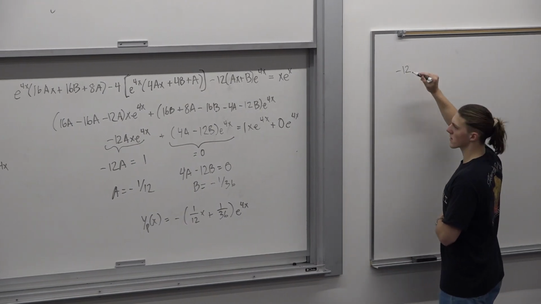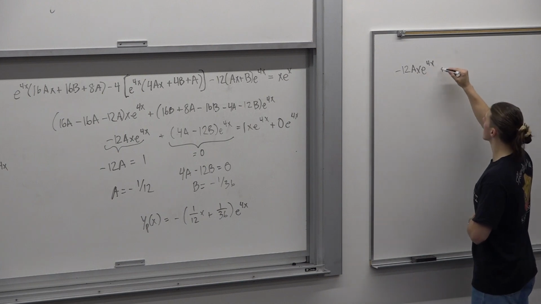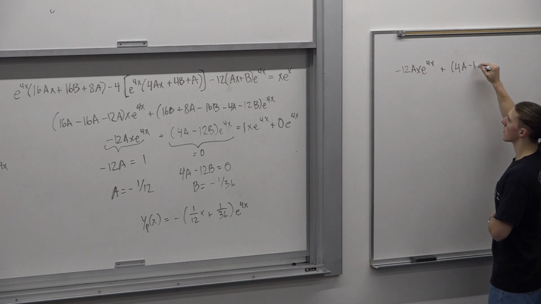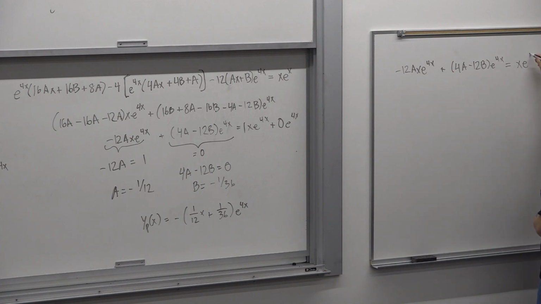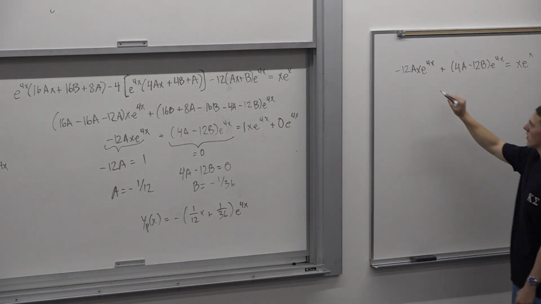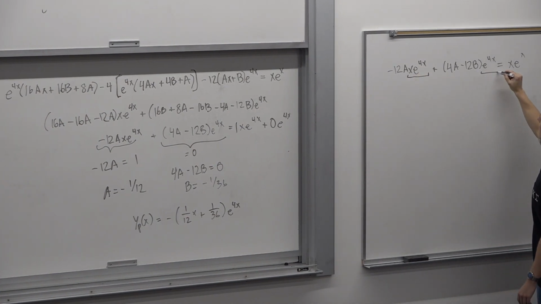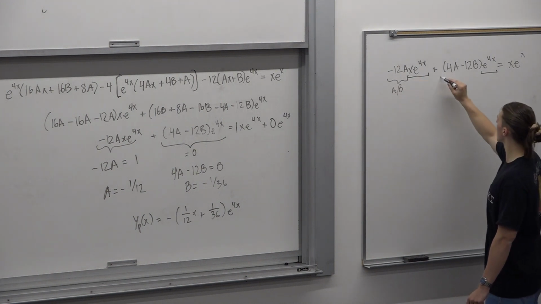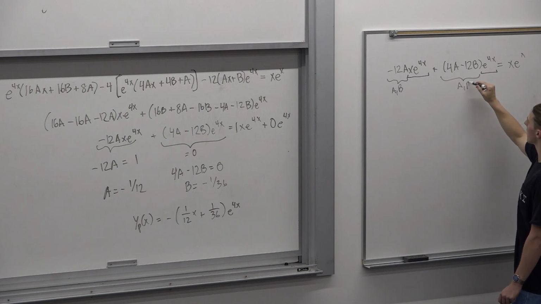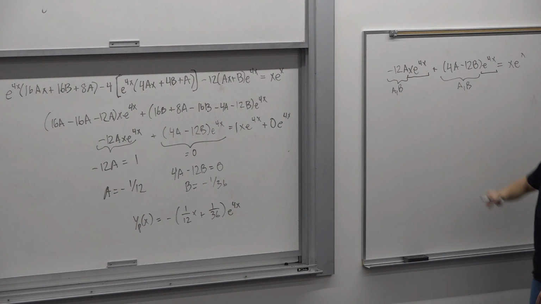I'm just writing it out here so it's easier to see. So the reason is that we have these coefficients here, right? This is our function of a and b multiplied by our function of x, right?